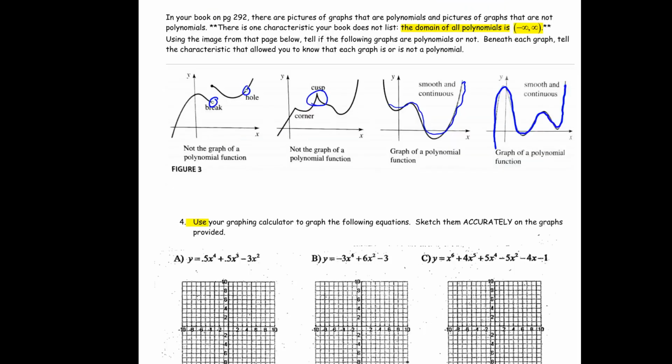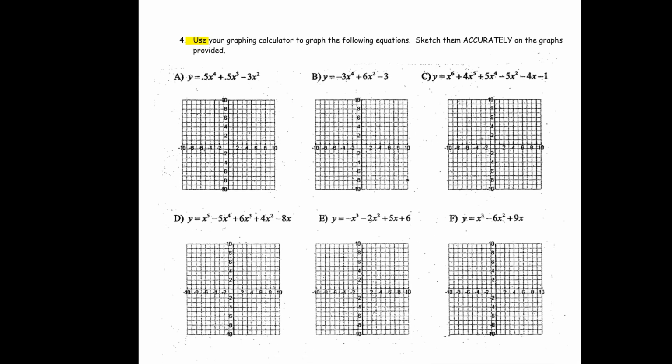Okay, I want you as groups, as your new partners, to start seeing what characteristics you notice of different types of polynomials. So I'd like you to take out your calculator.